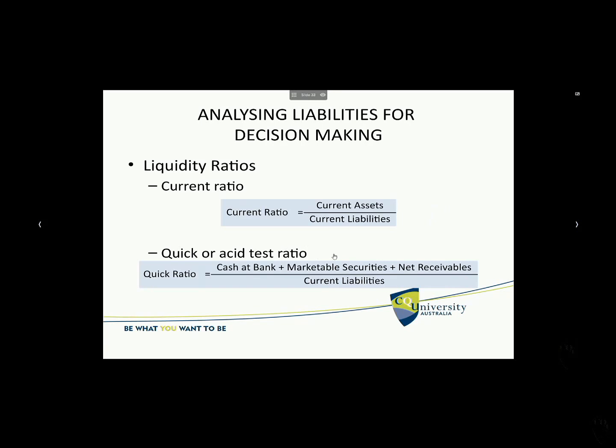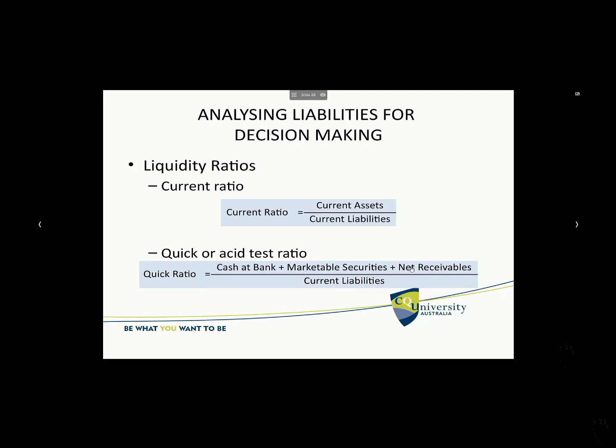Quick or acid test ratio: if these current liabilities have to be settled in a hurry, then only certain current assets are taken into consideration. Cash at bank, marketable securities, net receivables. They're all assets that are already cash or can be converted into cash quickly.